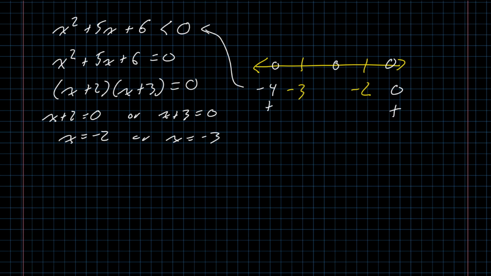Then I check somewhere in between. I save this for last because there's no nice number. I guess I'll look at negative 2.5. And at this point, I'm probably grabbing out a calculator. Negative 2.5 squared is 6.25. 5 times negative 2.5 is negative 12.5.